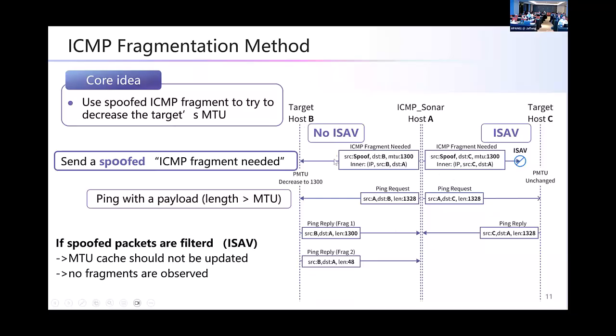If it has received the fragment message, it will fragment the packet and send us maybe 2 packets. But for the target network with ISIV, it will reply with the full length packet. It won't fragment the packets. That's the idea.